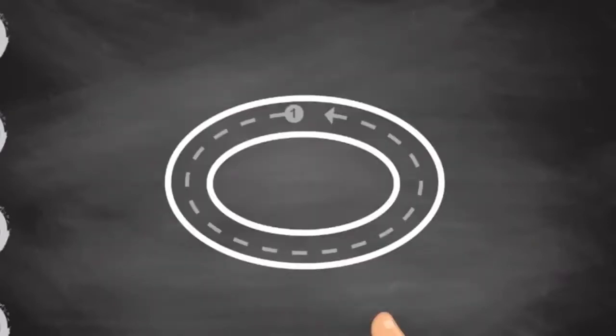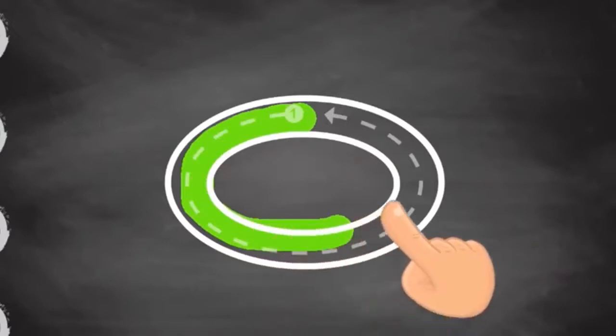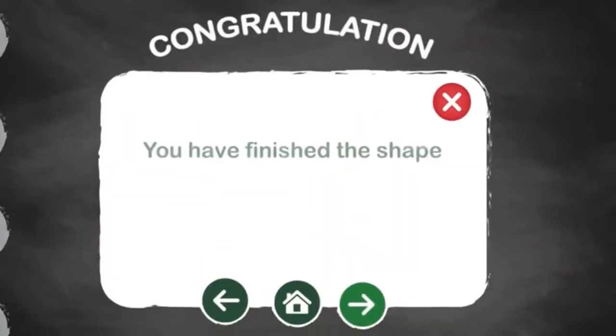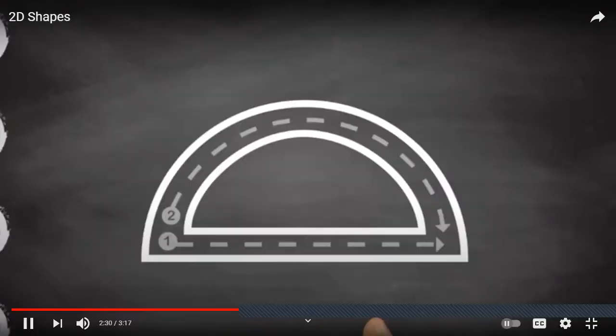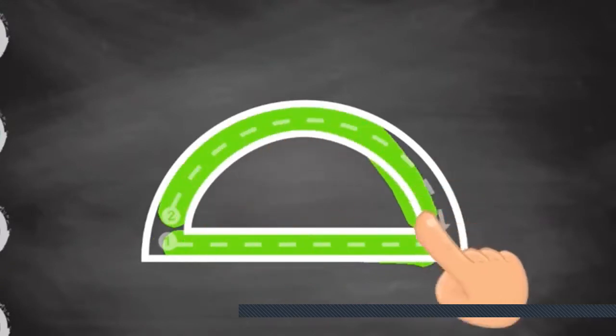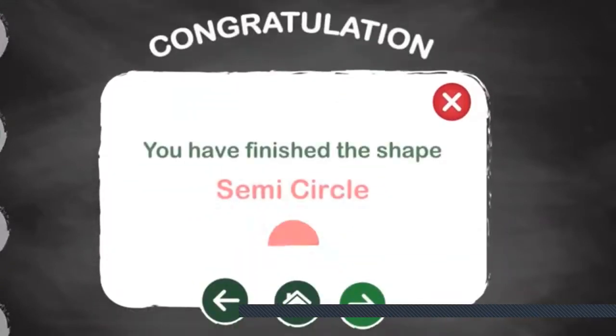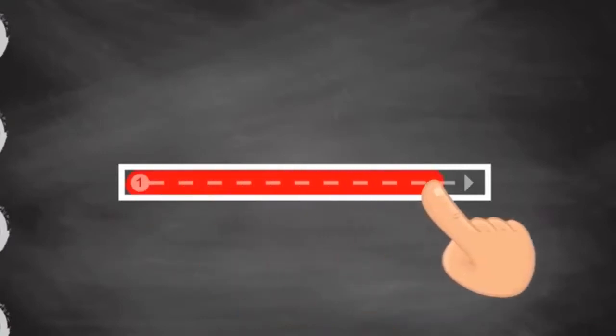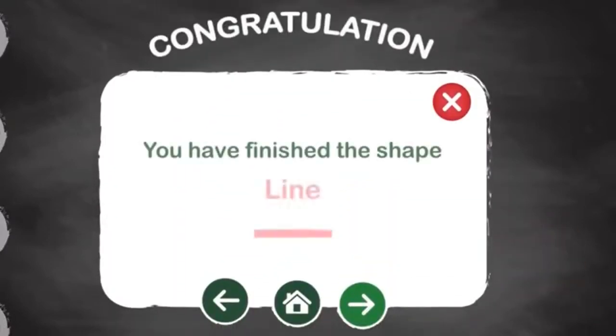Oh, that one is easy. A one stroke. That's an oval. That's easy too. It's like a D upside down. That's a semicircle. That's a one stroke. A line.